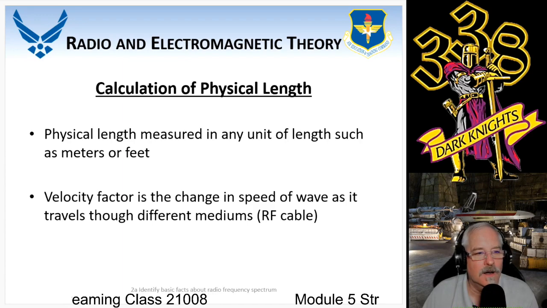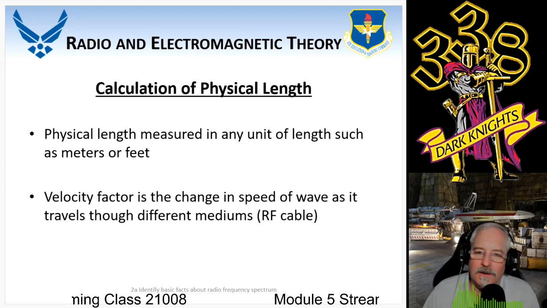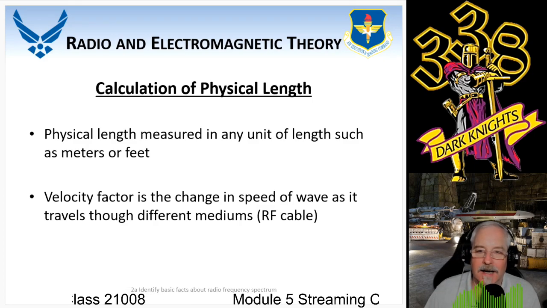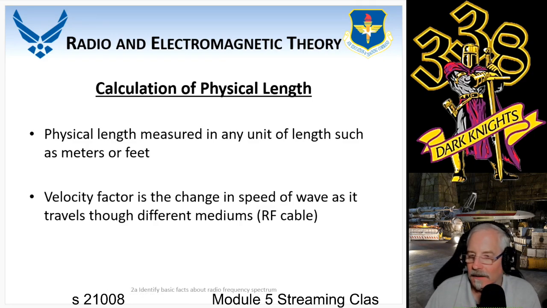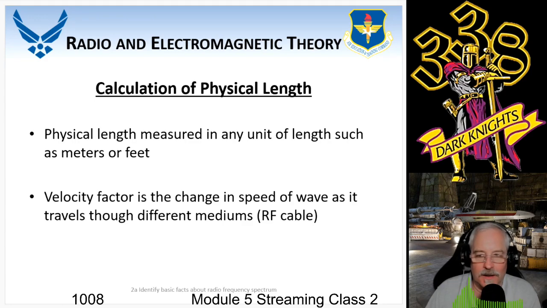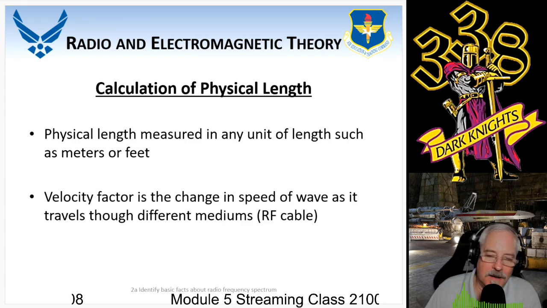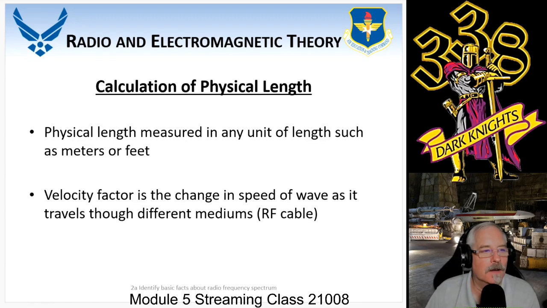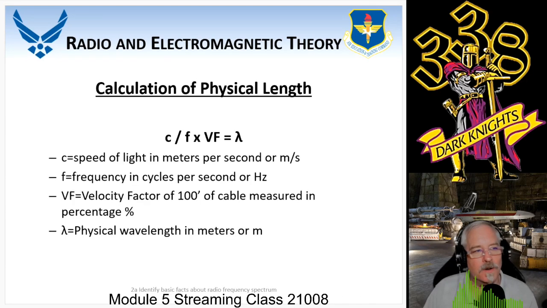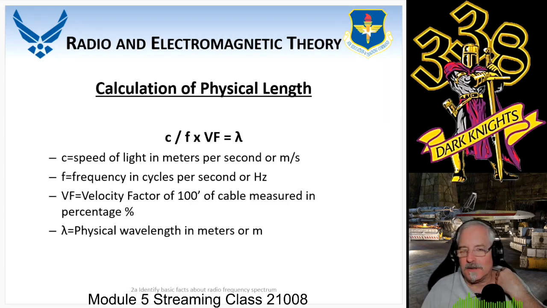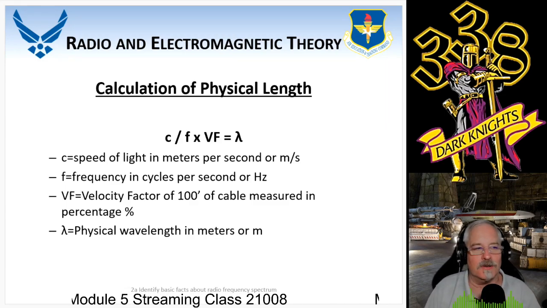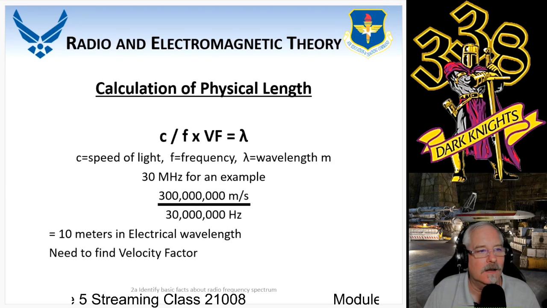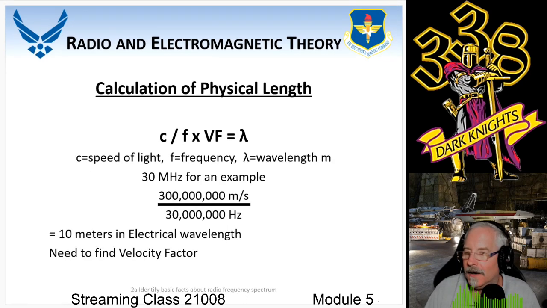The one thing that we are going to add in there is something called a velocity factor. That is the cable. Again, cable is going to be a different medium versus the wire you use for your antenna. The calculation is pretty much the same as the wavelength, just you're adding in velocity factor. Again, we're going to use the 30 megahertz.